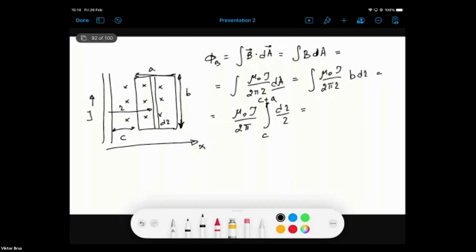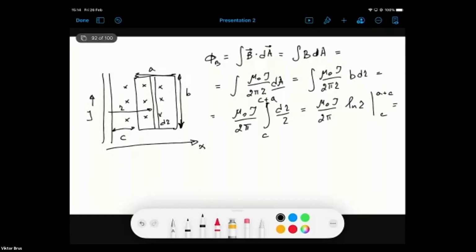So in this case, we will get mu naught times I over 2 pi, natural logarithm. So this integral of dr over r is the natural logarithm of r from c to a plus c.